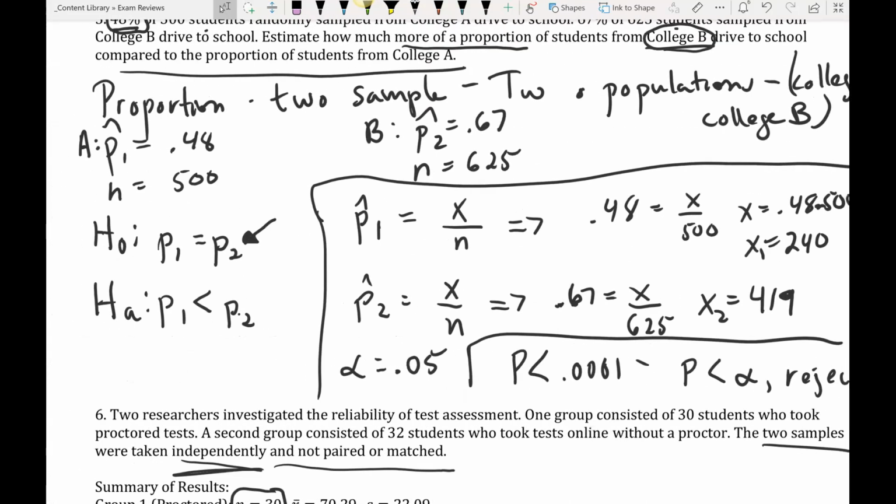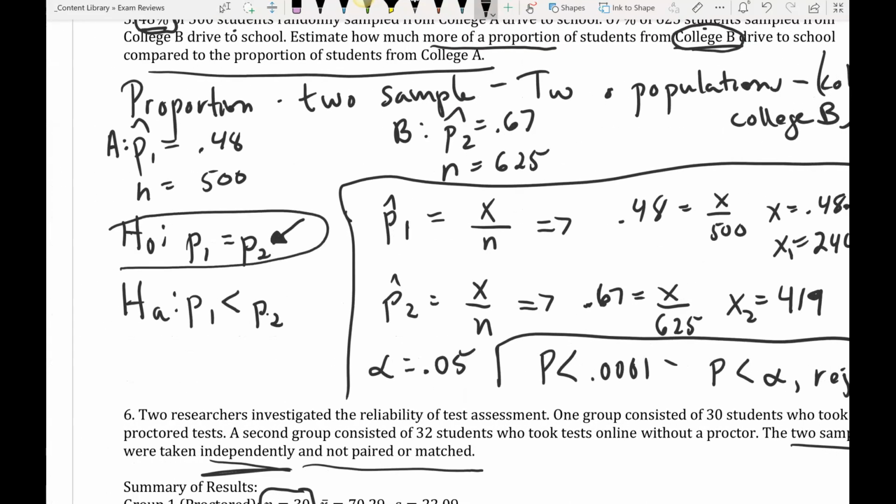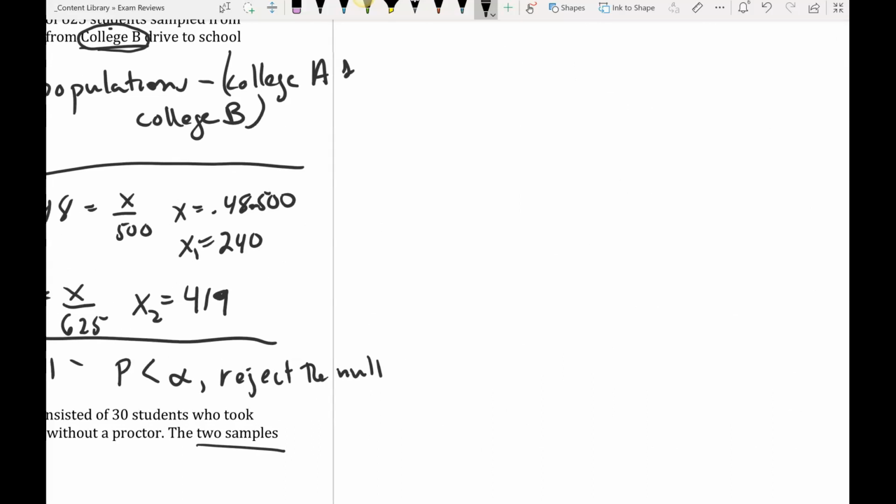What did I just do? I rejected this statement right there. That's the null hypothesis. That's the thing I rejected. All right? Very, very important. So there is sufficient evidence, right? Because what I'm trying to do is reject.